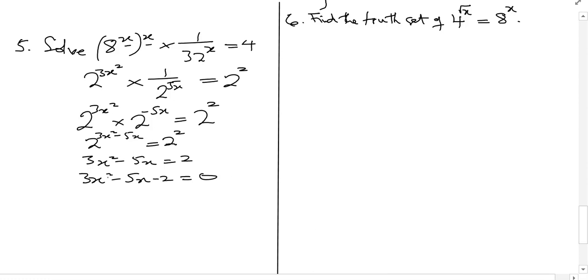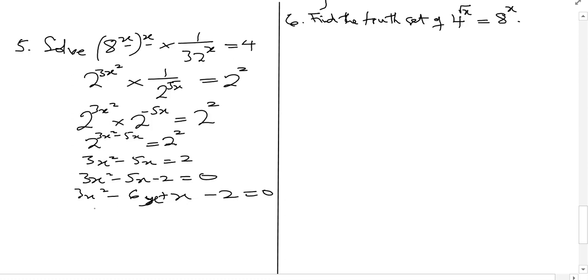And like I said, this is going to land us into our quadratic equations. So we do our factorization by saying 3x squared minus 6x plus x minus 2 is equal to 0.